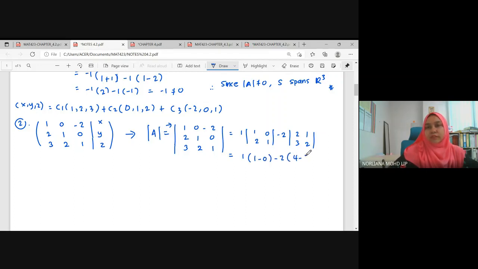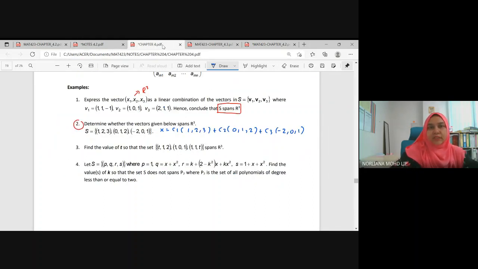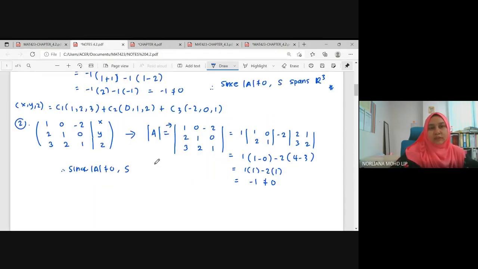Okay, 4 minus 3. 1. Okay, akan dapat negative 1. Negative 1 is not equal to 0. Kena buat conclusion lah. Conclusion dia, since determinant of A is not equal to 0, therefore S spans R3.